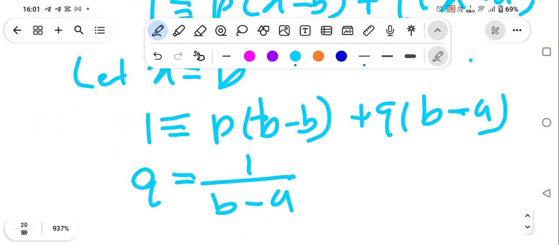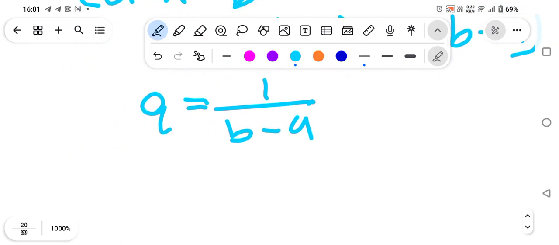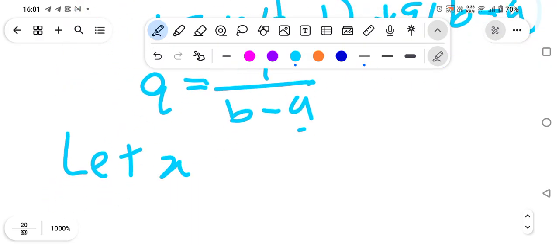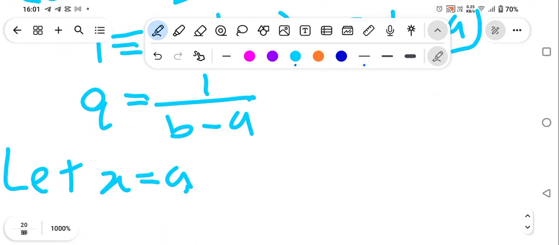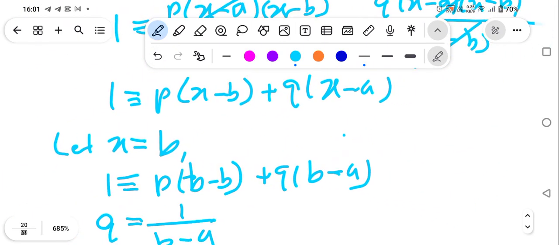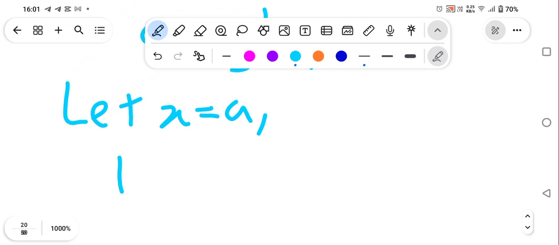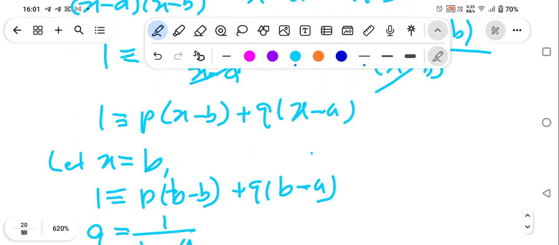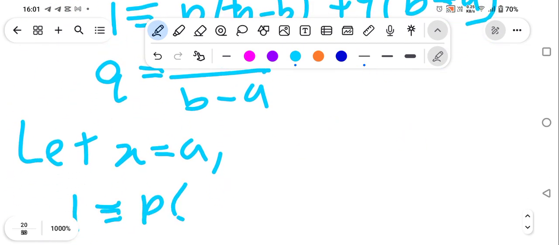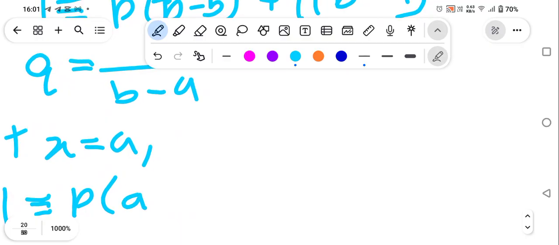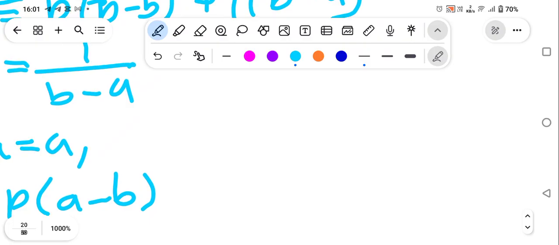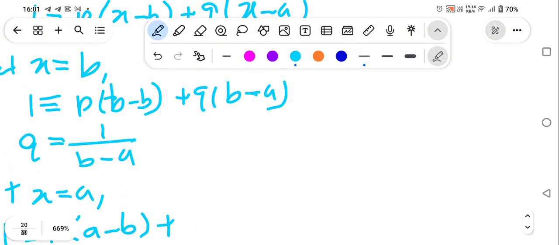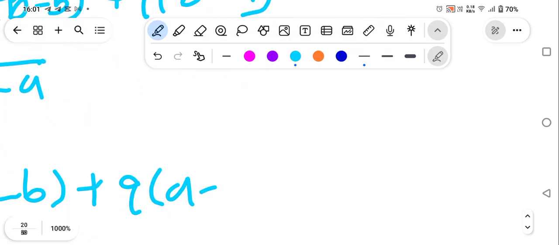So really good thing. The same thing, we're going to let x equal to a to cancel out the a term. So we have 1 equals p times a minus b plus q times a minus a.